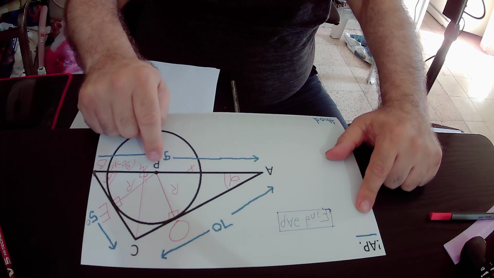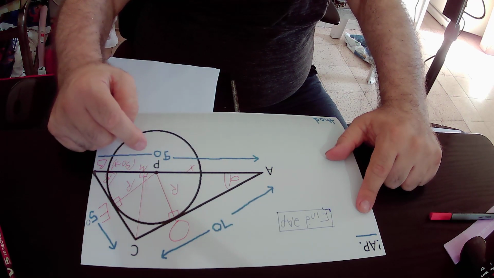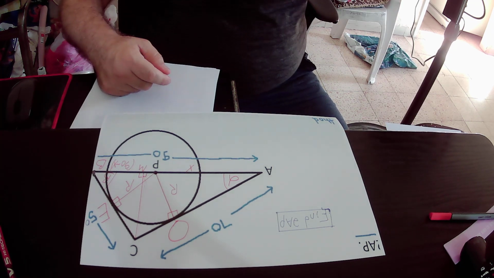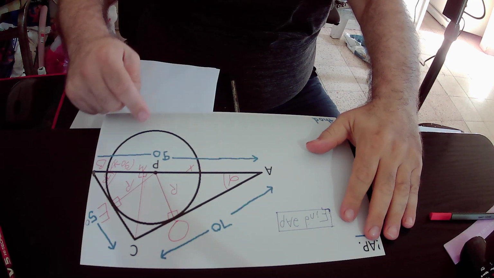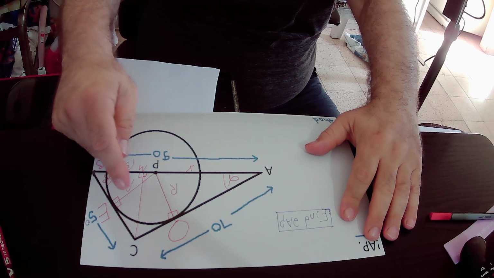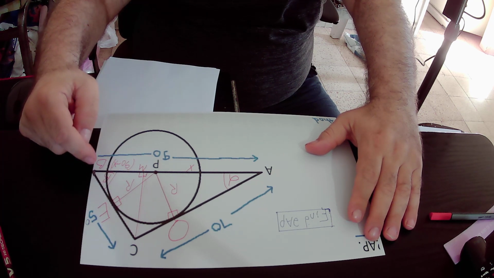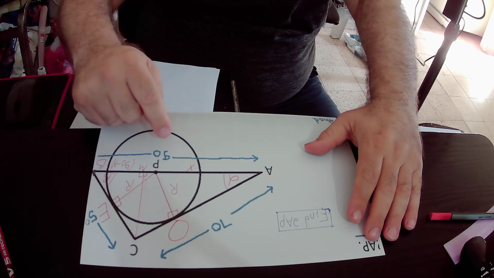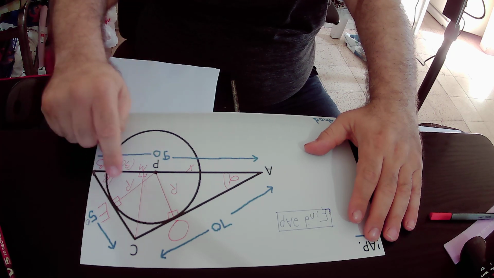That is to say, angle POA equals 90 degrees, and also angle POC equals 90 degrees. In the same way, we have radius PE and the tangent to this radius, that is CB. For this reason, according to rule number 1, angle PEC equals 90 degrees and also angle PEB equals 90 degrees.